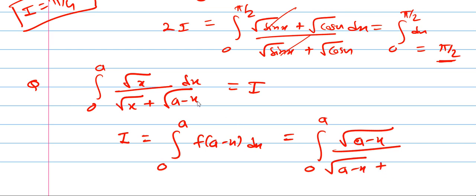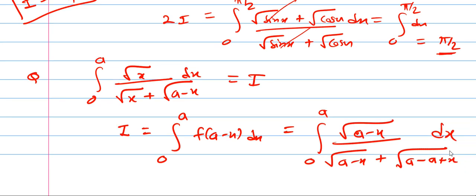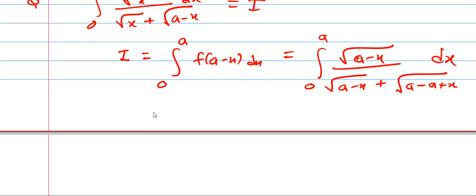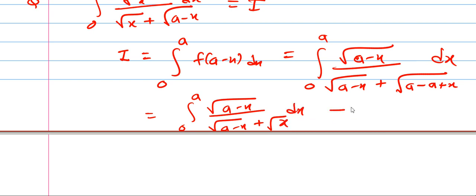In place of x put a minus x. So it becomes a, in place of x put a minus x, minus a, minus minus becomes plus x. So this is nothing but integration 0 to a under root a minus x divided by under root a minus x plus under root x dx. So this is equation number 2. This is also integration I.